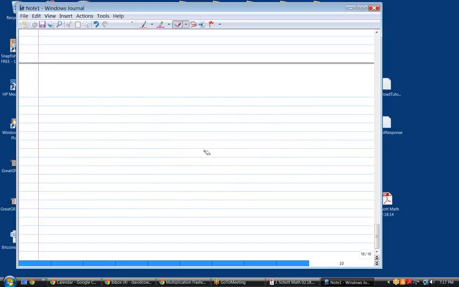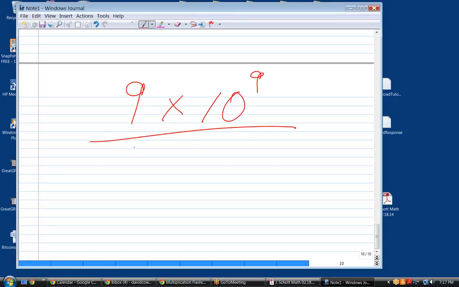Let's see, what else did you go over? Exponents, you got that down pretty good. Scientific notation, you got that down pretty good. What's that equal to?